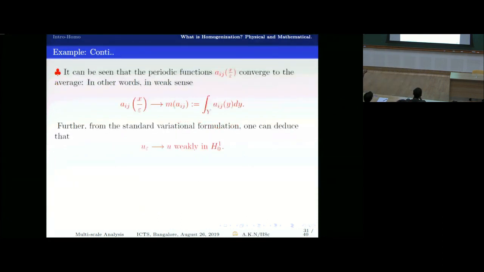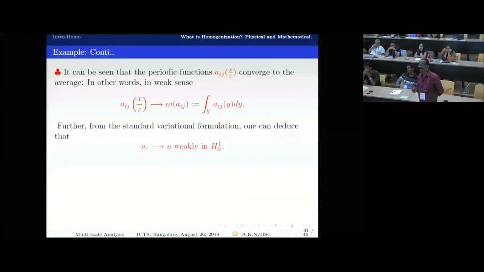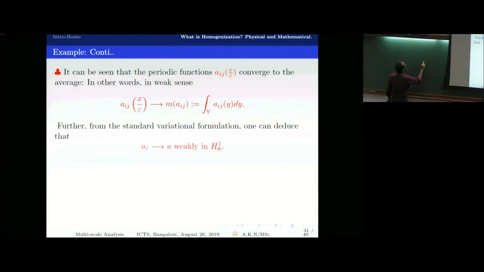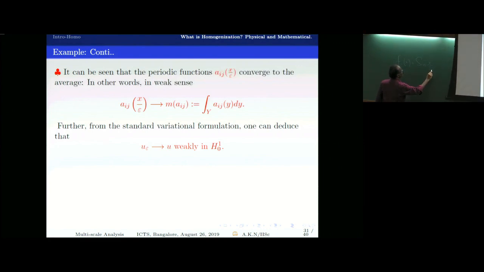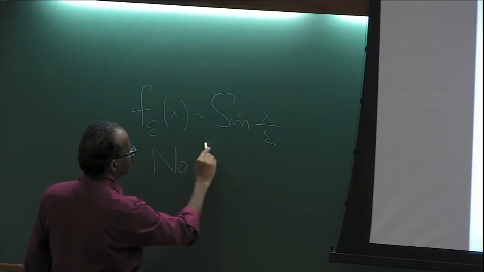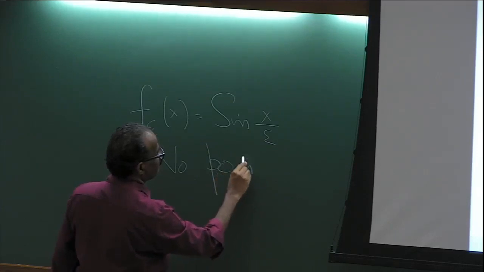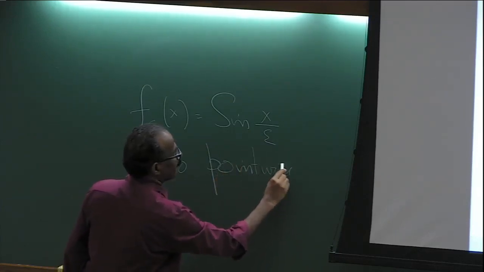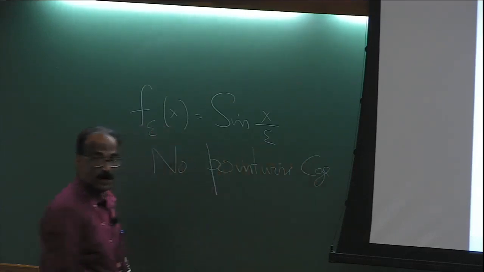With those comments, you can always say that whenever you have an oscillatory function, for example sin(x/epsilon), it will not converge pointwise. You have to understand that.